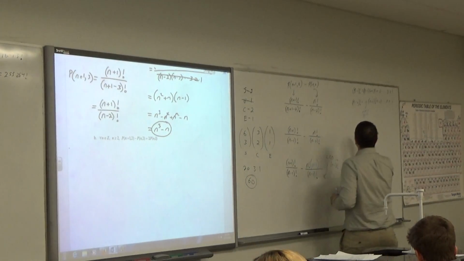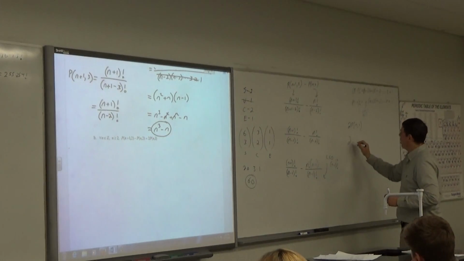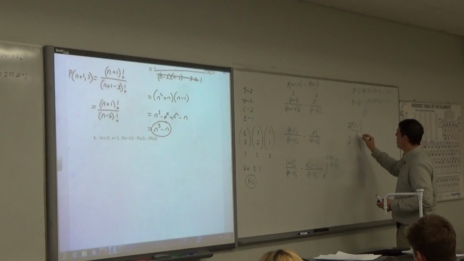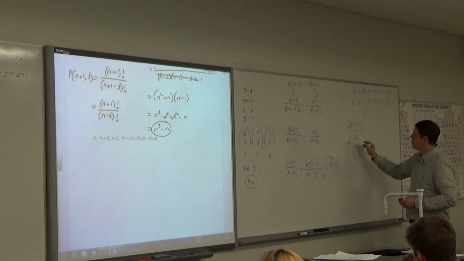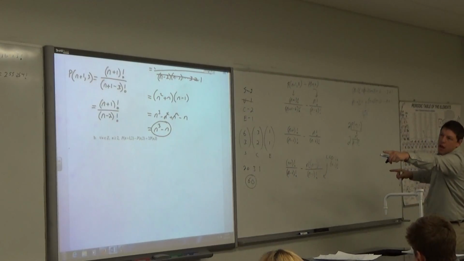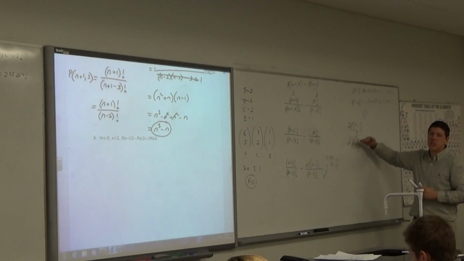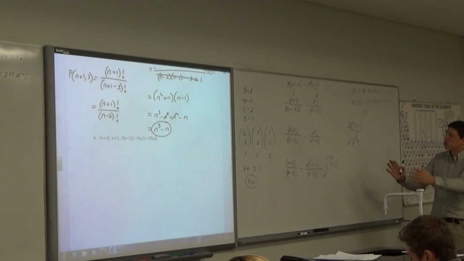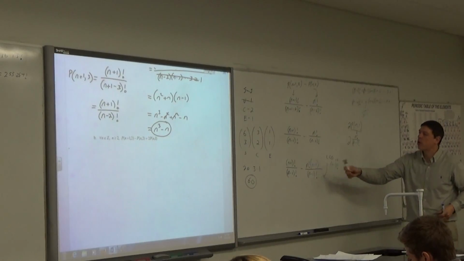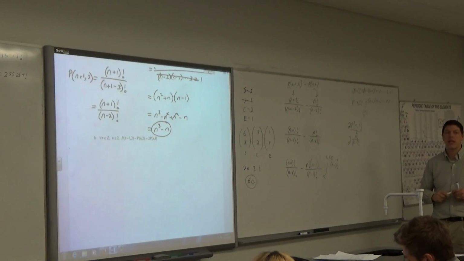Right, so John, if I have 2 permutations of N comma 1, and I use the definition of permutation, that would be N factorial divided by N minus 1 factorial, which is exactly what we have over there. So this is just the condensed version, or a different way of writing this exact same thing. All we're trying to do is get to one fraction, and that's why we need the common denominator. Then once we get there, we can just do our algebra to get to this thing. Does that make sense as to what we're trying to get to?